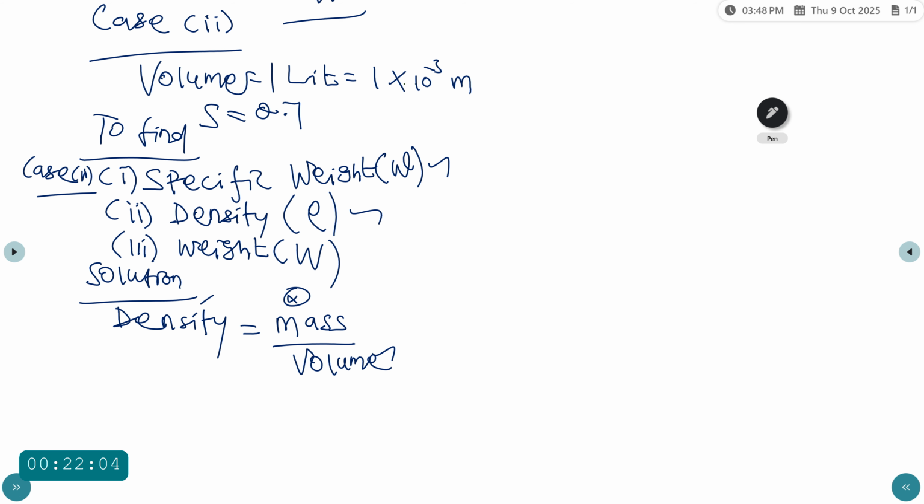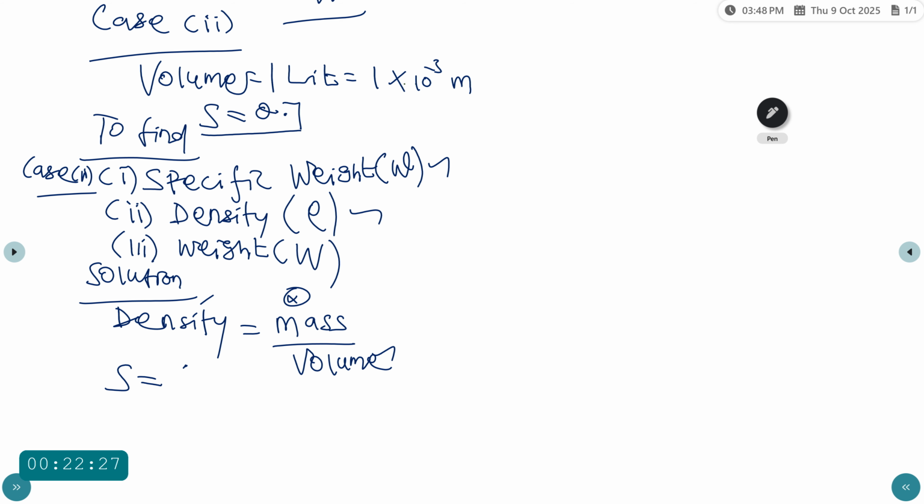Specific weight is weight by volume, and weight is also not given. But specific gravity S is given, so by using the S formula we can determine the density directly.